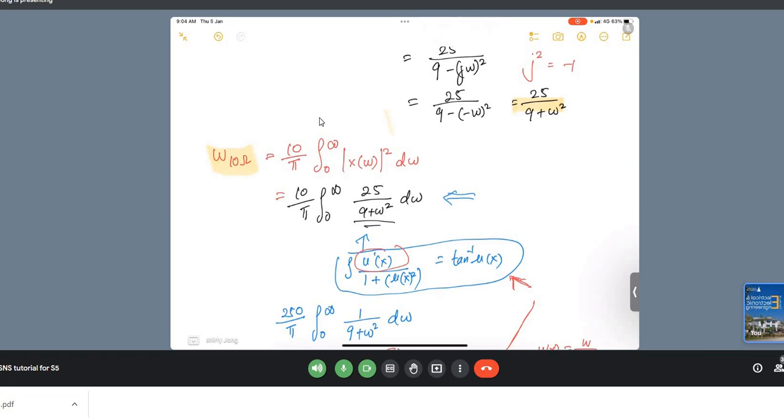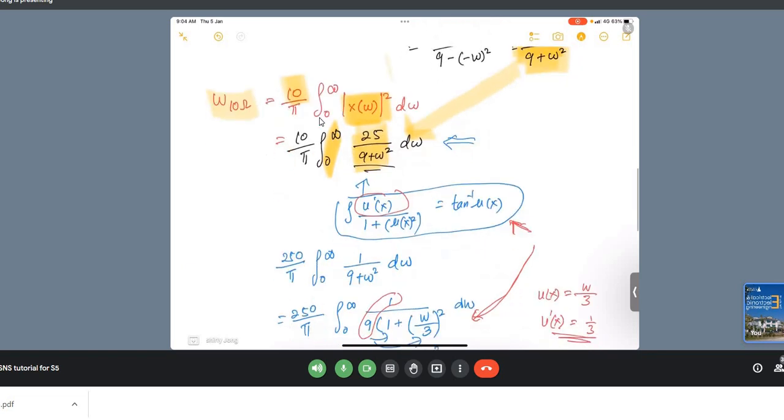Now we want to find the energy in 10 ohm. So this is the 10, and this is the input, which we obtained from the previous calculation. So 10 divided by pi, integration from 0 to infinity, because this one is a u(t), and X(omega) is from here.